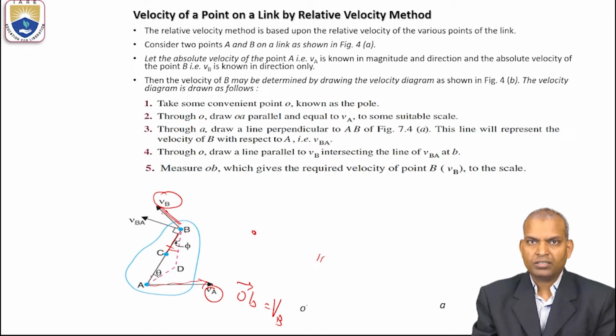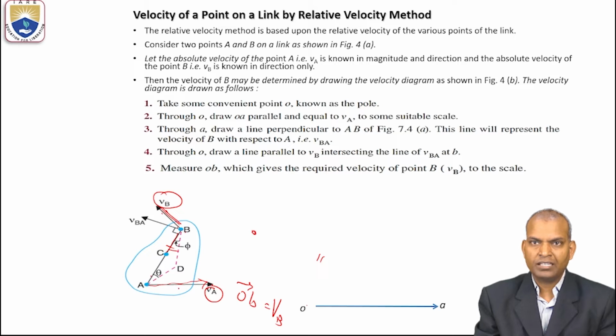But how to start? The velocity of B will be determined by drawing the velocity diagram. How to draw it? Let us begin. Take some convenient point O known as the pole and draw OA parallel and equal to VA to some suitable scale.